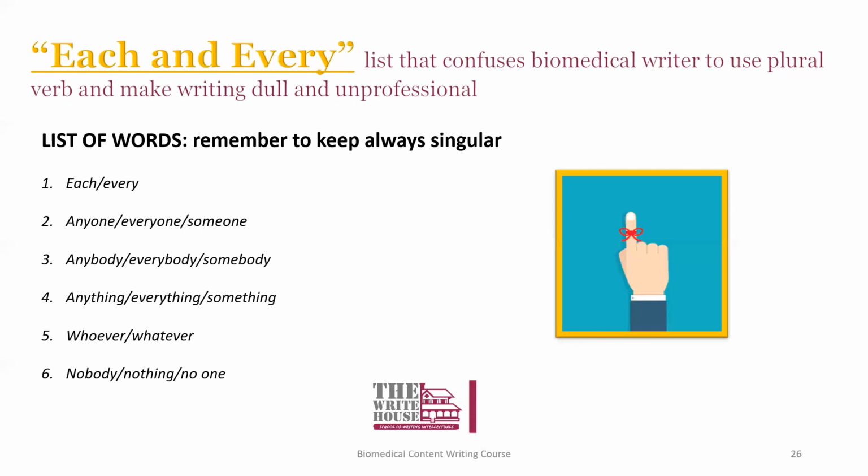It never goes with the plural verb. So all these words are used for a singular person. Even if many doctors are there, when you say anybody or everybody to all the doctors, that becomes a singular subject, and we always use the singular verb.